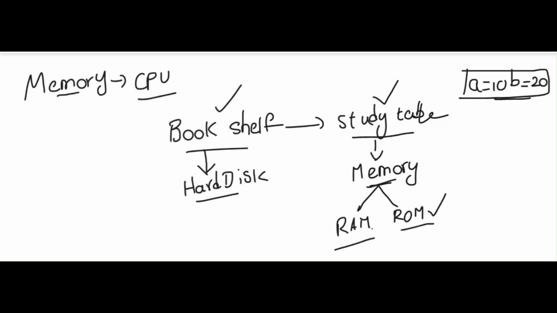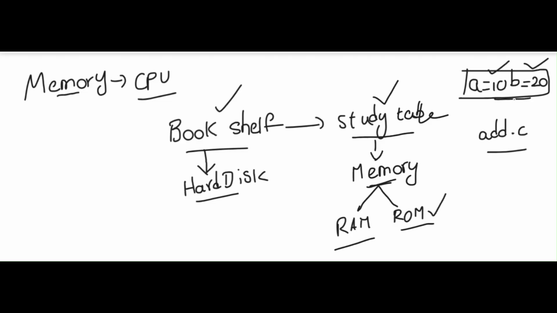Random Access Memory. Suppose you have written one program called, say, add.c, which is to add two numbers 10 and 20. What is the data that is required to execute this program? 10, 20, right?